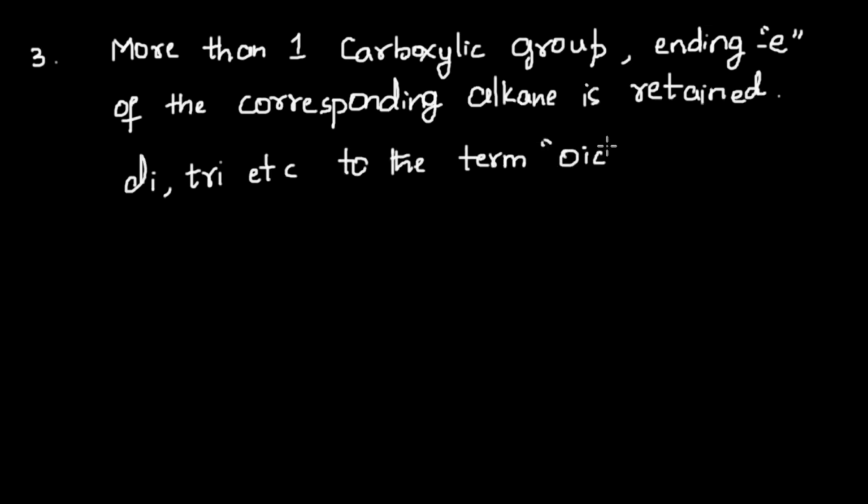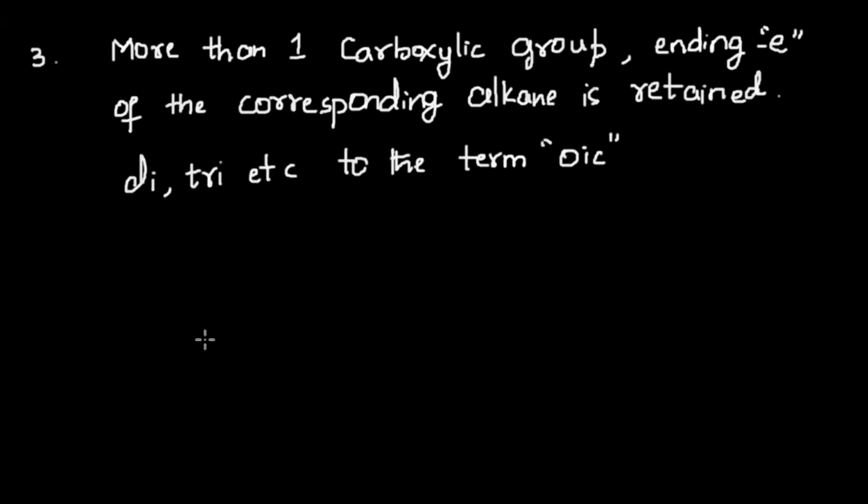So to this, the prefix di, tri is added based on the number of carboxylic groups. For example, oxalic acid, with formula C2O4H2.